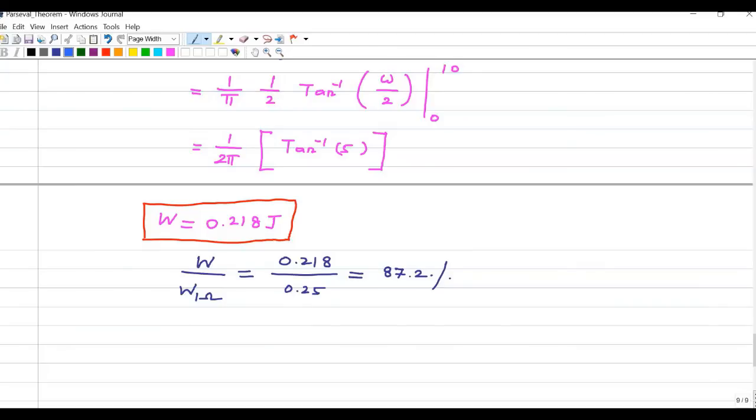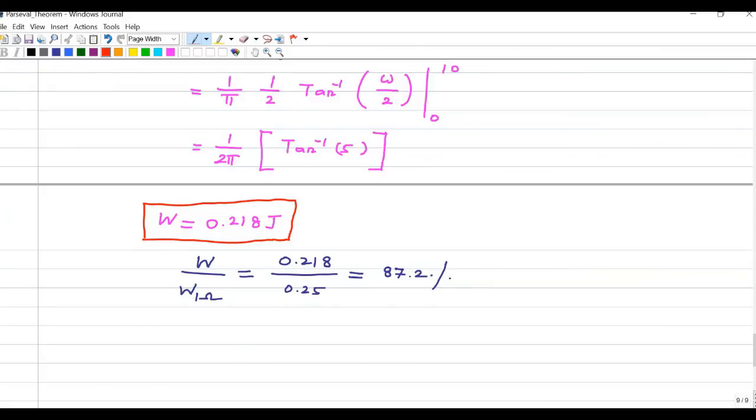In high frequency components, about 10 radians per second, and similarly below minus 10 radians per second, very less amount of signal is present. Most of the signal components are present between minus 10 to plus 10. That is what the inference is.